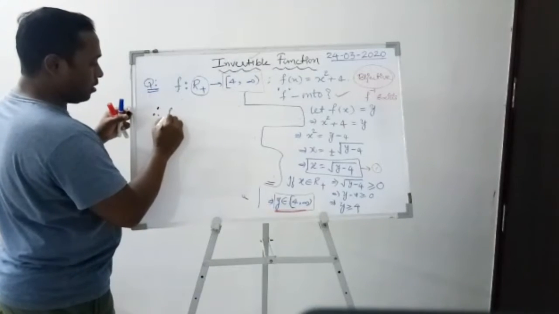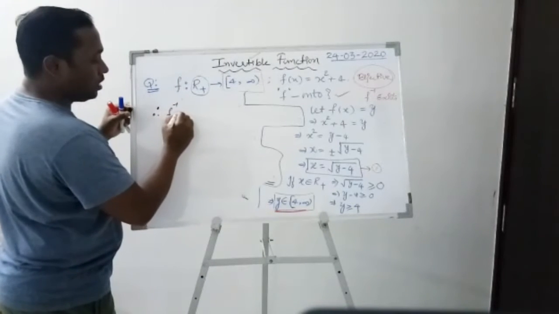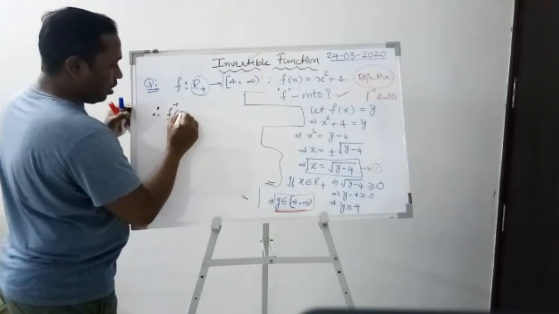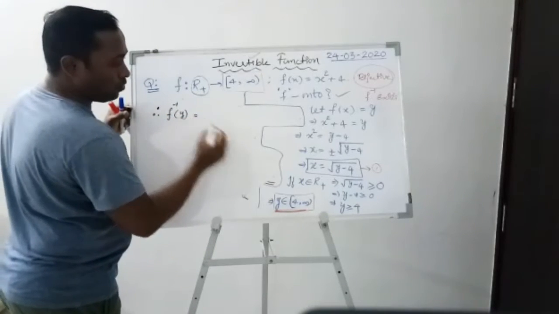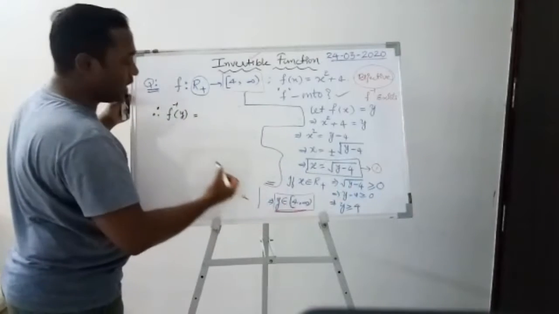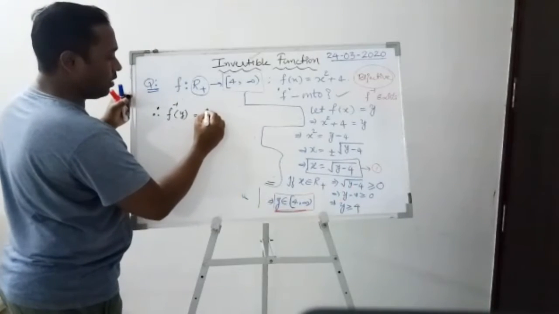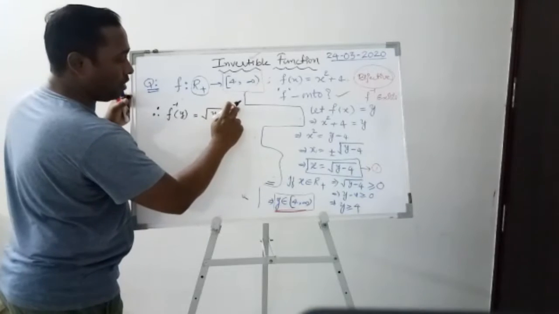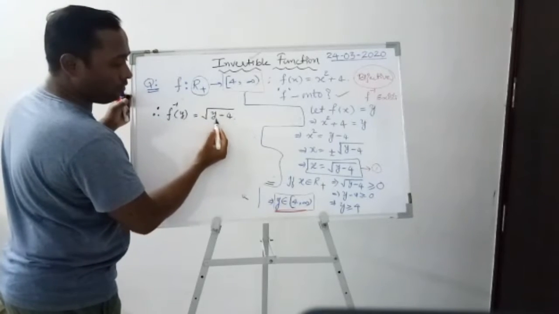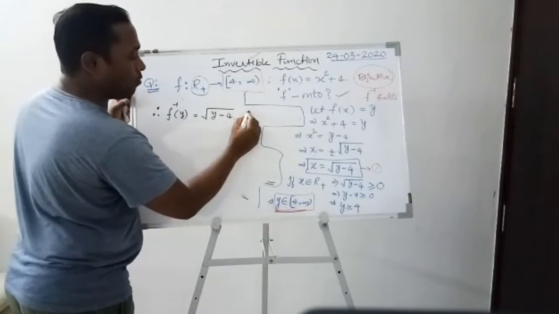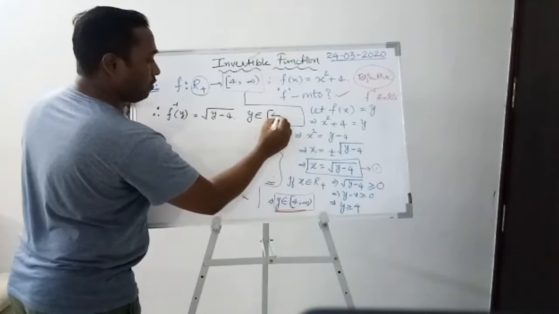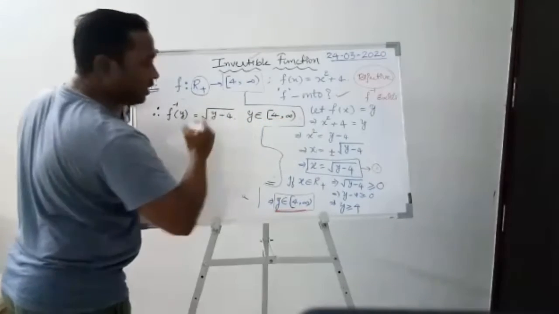Therefore, I can write the f inverse function, f inverse y, we call it f inverse y because we got the function in terms of y. So f inverse y is written as under root y minus 4, and we know what the possible values of y are, already we got it as y belongs to 4 to infinity.